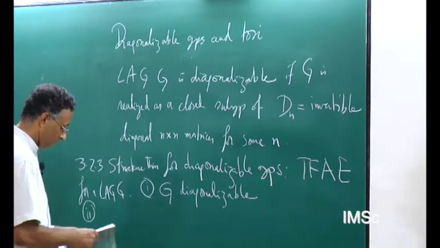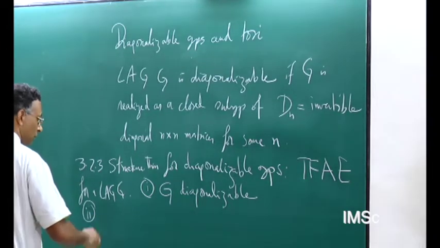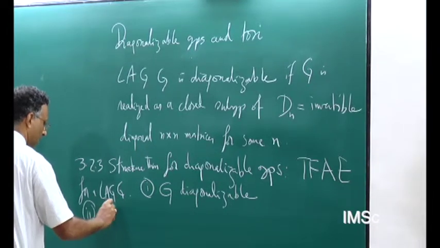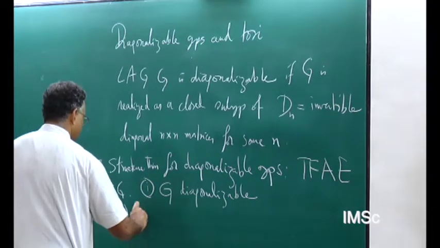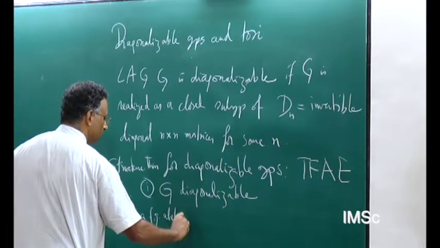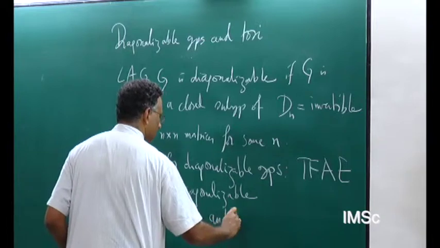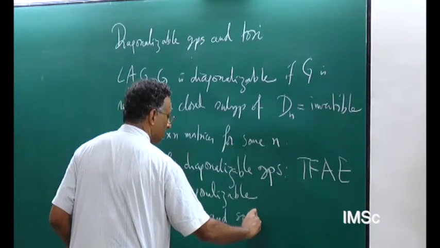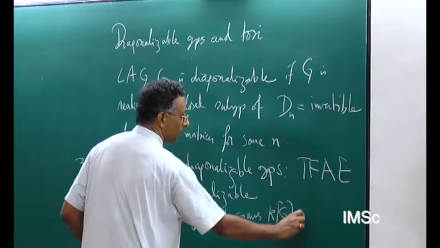This is our notation for the group of characters. It is a finitely generated abelian group and spans k[G] as a k-vector space.